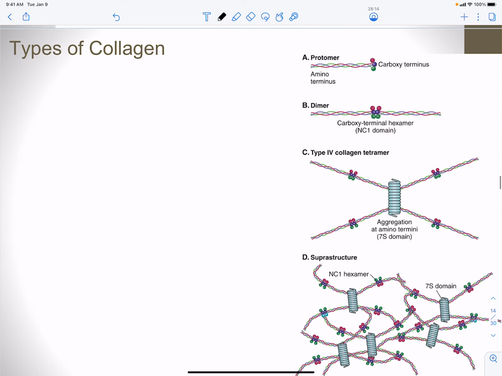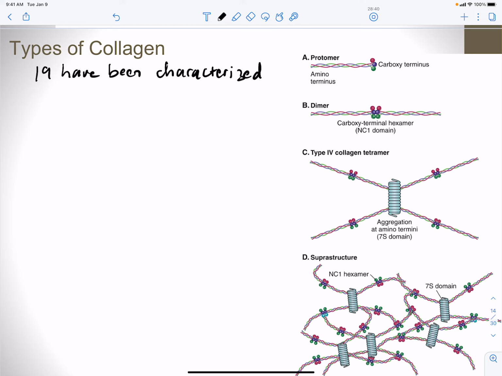Okay, so now at least 19 types of collagens have been characterized. Of course, your body makes more collagen, but they're in such small amounts that they haven't been characterized, but 19 have been characterized. They can be classified as being fibril forming.